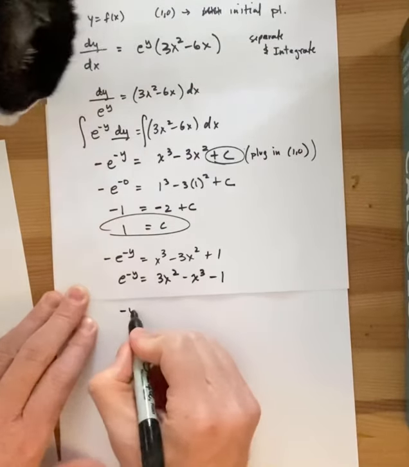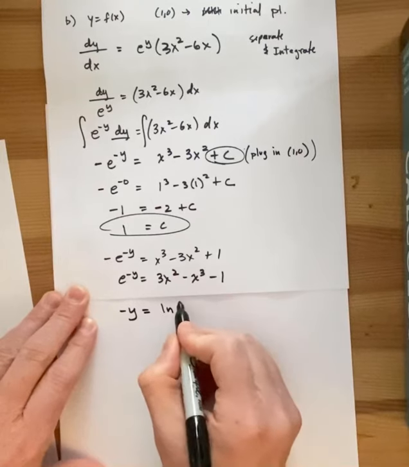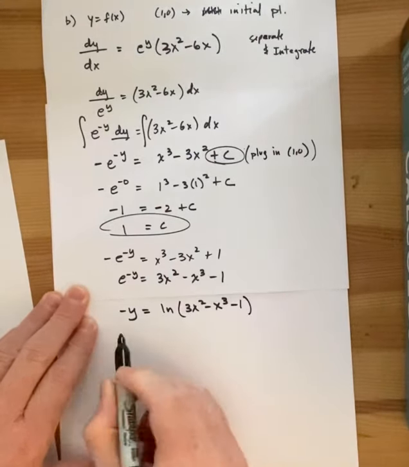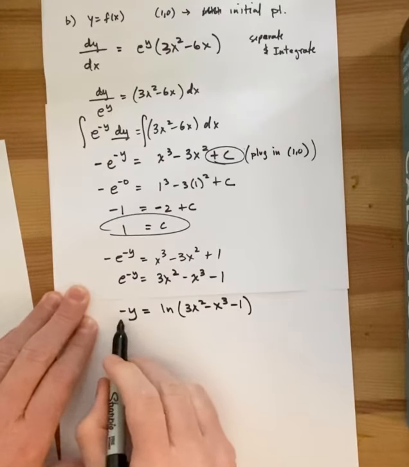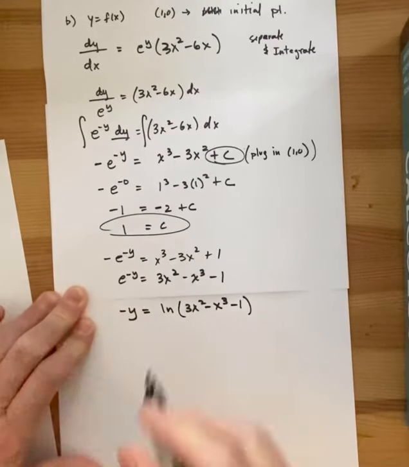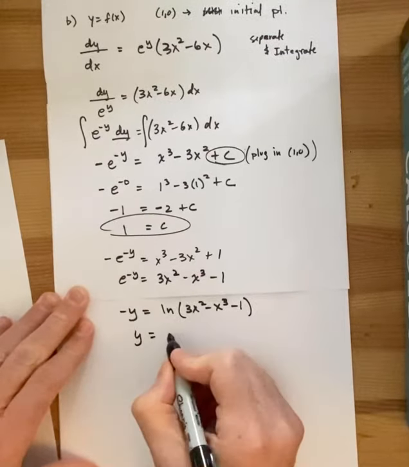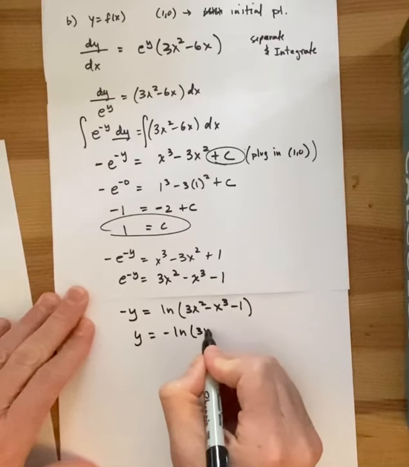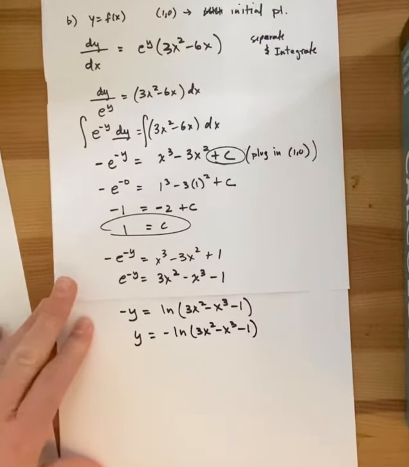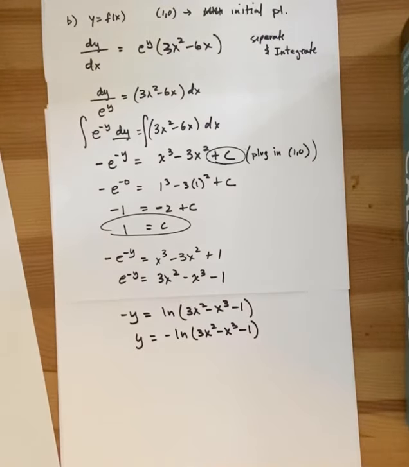So then it's negative y equals ln of 3x squared minus x cubed minus 1. And then multiply everything by a negative. Okay, and then you wind up with y equals negative ln of 3x squared minus x cubed minus 1. Okay, and that would be your final answer.